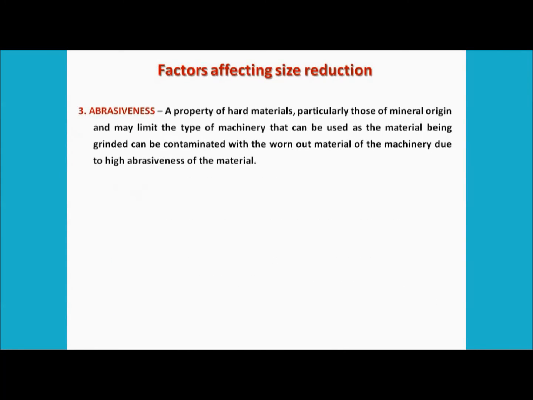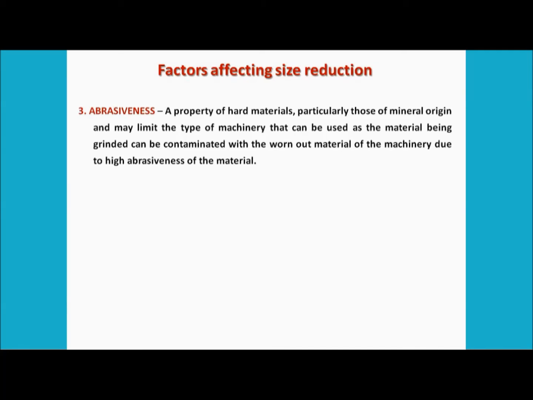The next factor is the abrasiveness. Now, hard materials, particularly those originating from minerals, place a limit on the type of machinery that is used for their grinding, because if the material is abrasive, suppose we are using sand or sand dust or some abrasive mineral in a crushing process, the abrasive nature of the mineral may lead to the tearing or wearing out of the material of the machine.